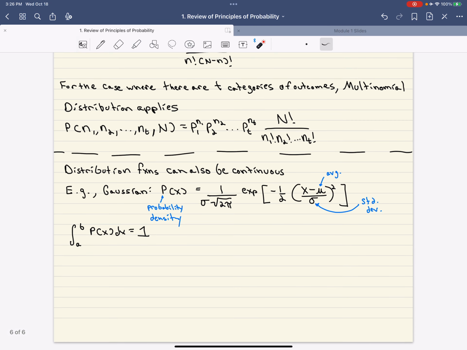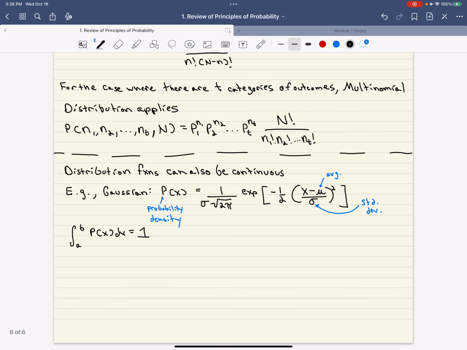But there are cases where you're going to deal with a non-normalized probability density. Sometimes probability density is not normalized.